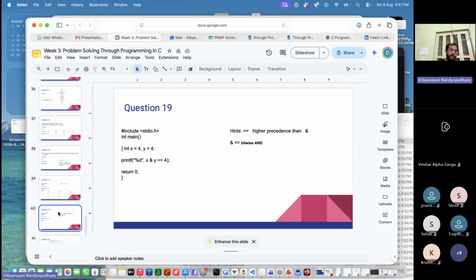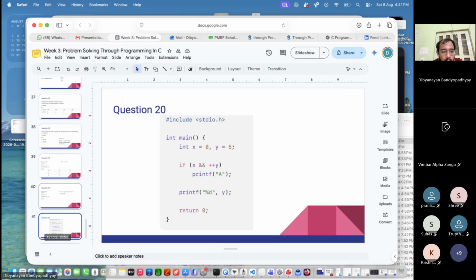And there are two hints actually. Oh, sorry, I am again showing the same thing. So this is question number 20. See it.